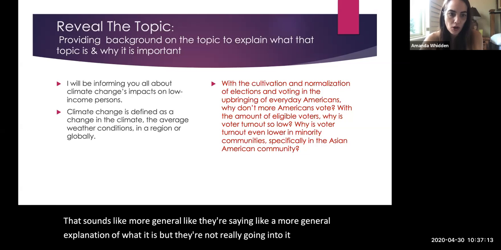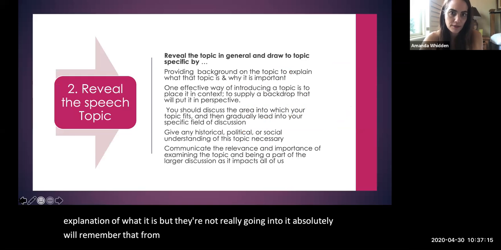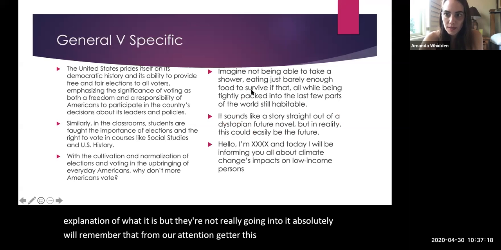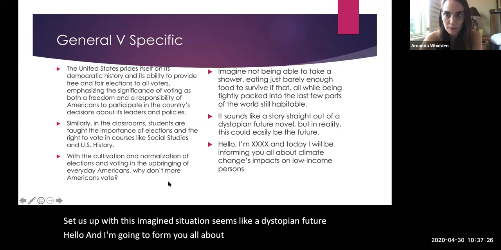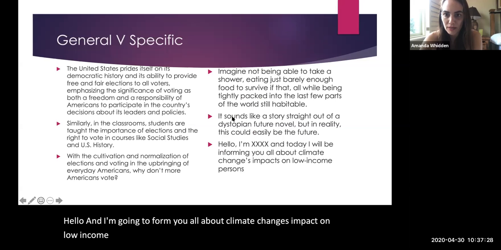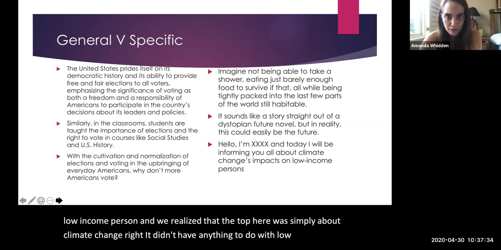Remember that from our attention getter, this individual set us up with this imagined situation. Seems like a dystopian future. Hello, and I'm going to inform you all about climate change's impact on low-income persons. And we realized that the top here was simply about climate change, right? It didn't have anything to do with low-income people. It was very confusing.